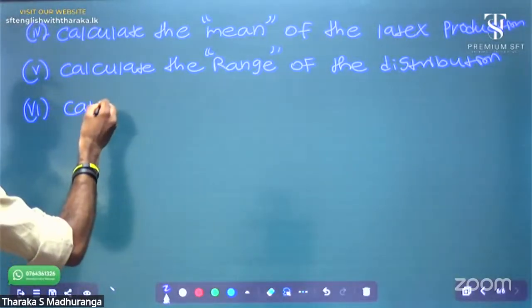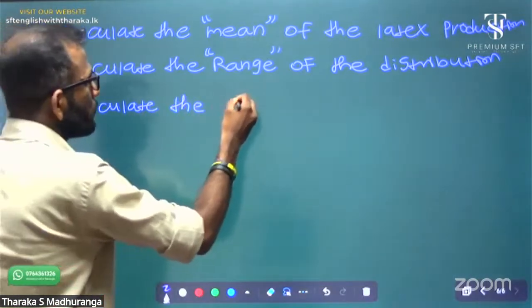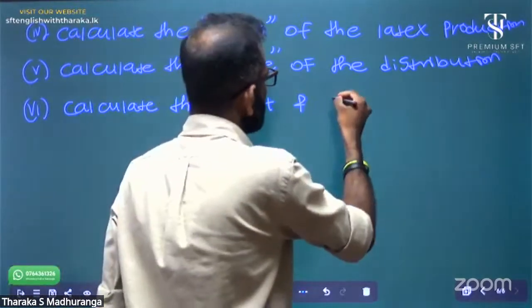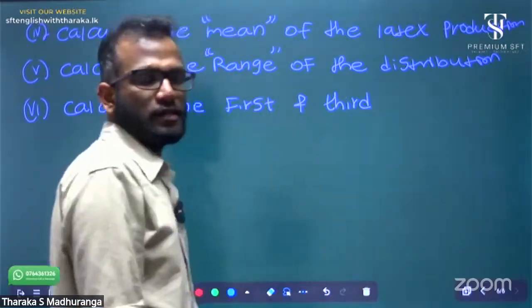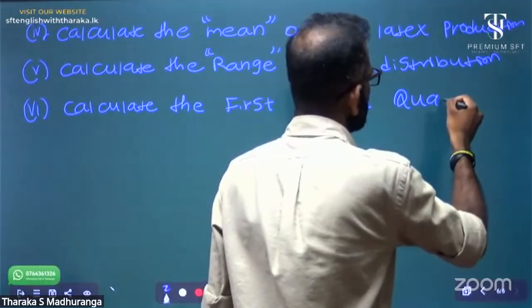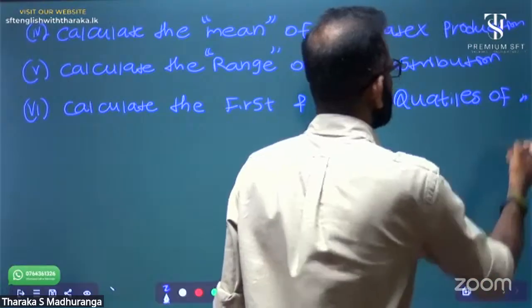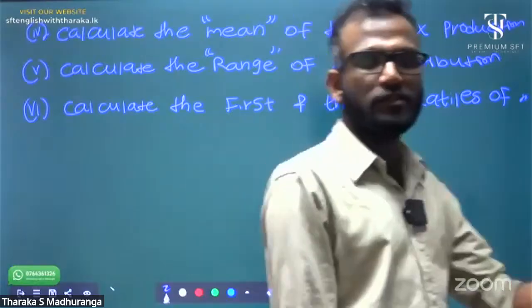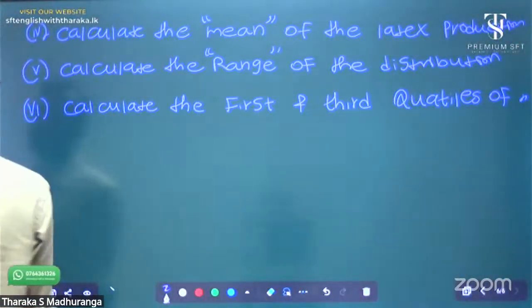Sixth: calculate the first and third quartiles of the distribution.